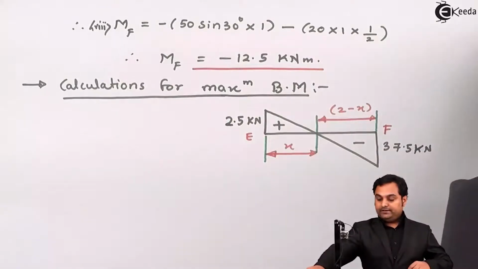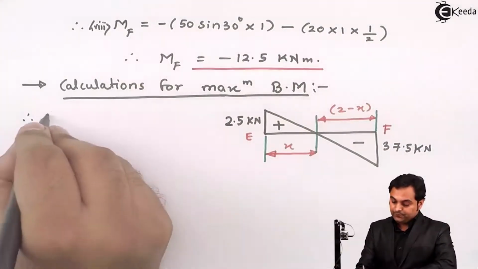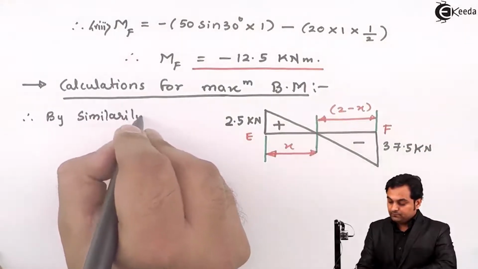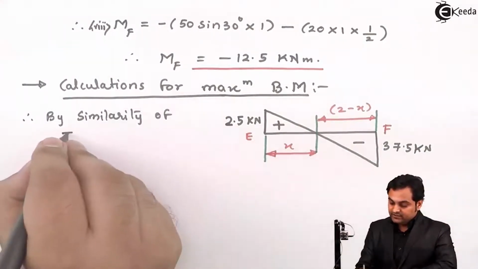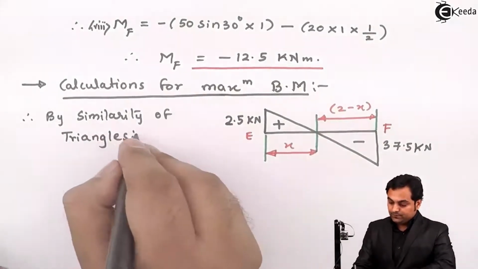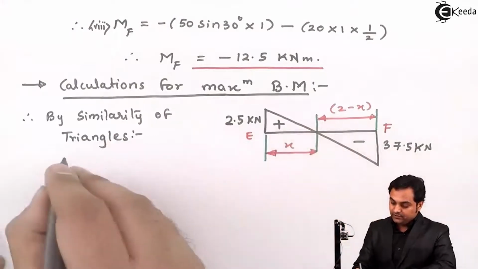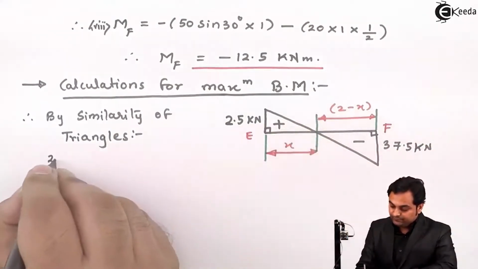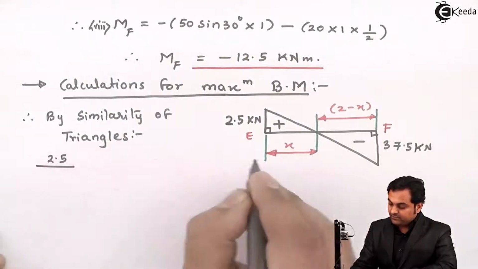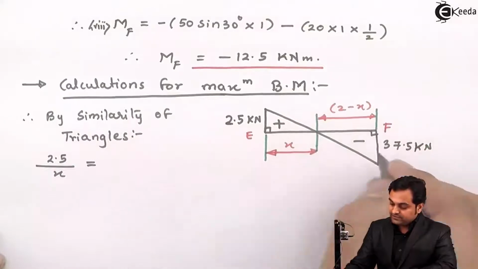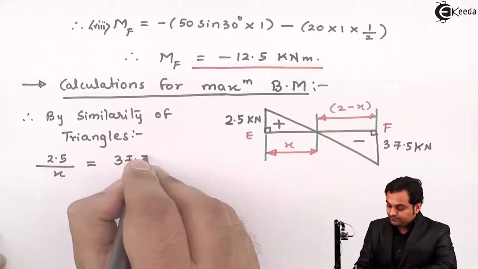Therefore by similarity of triangles, I'm considering this triangle. Its height is 2.5 divided by its base, which is x, and here the height of this triangle is 37.5.